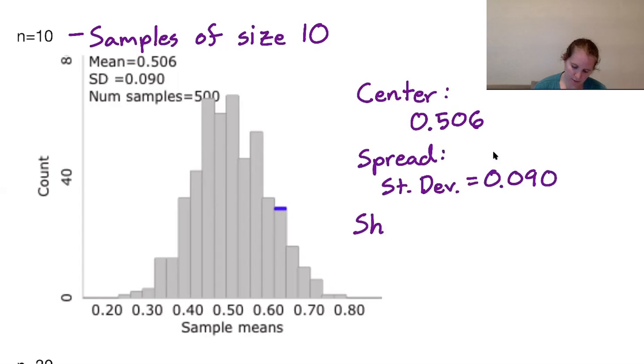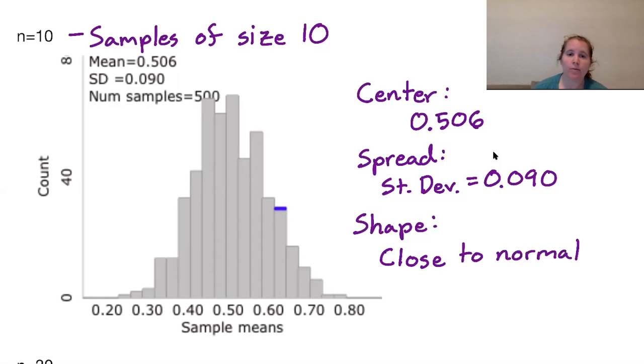And for our shape, it looks close to normal. Could be normal or not, right? So the shape, it's close to normal. There's some up and down, but it does look to be more or less symmetric, right?